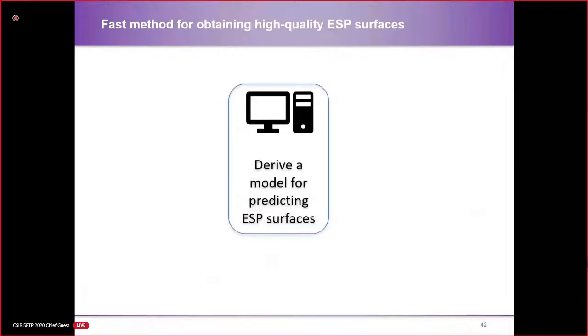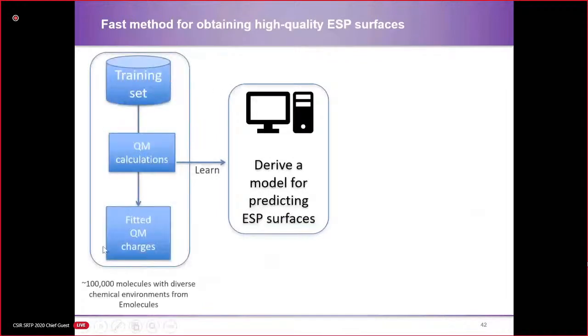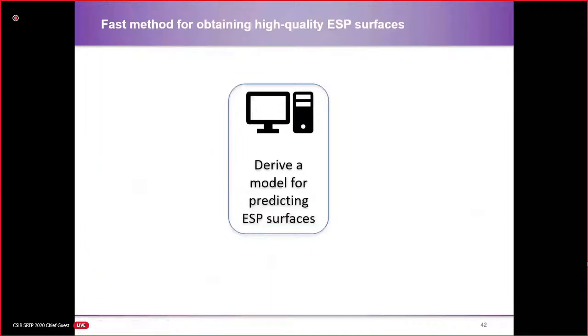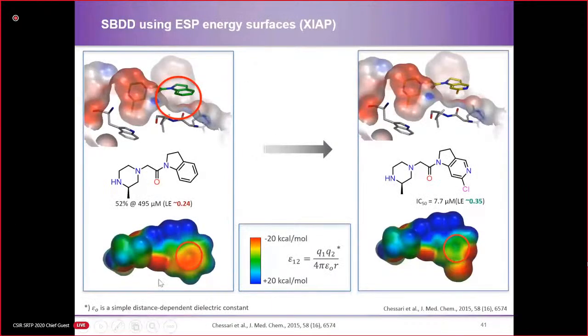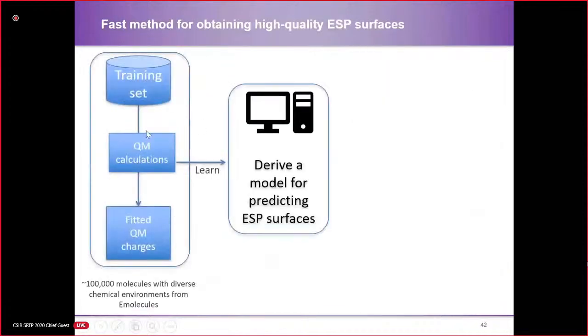How do you do it? You basically derive a model. You create a big training set of molecules for which you calculate these surfaces. So in our example, we had 100,000 different molecules for which we generated these surfaces using very slow and accurate quantum chemical calculations. So that's your training set.